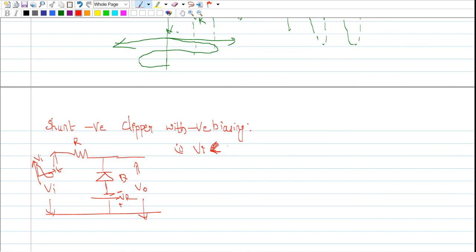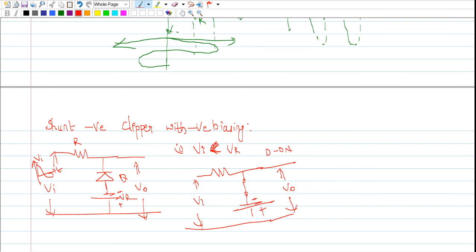When Vi is less than VR, low voltages are applied to the cathode terminal, so the diode is on and conducting. It acts as a short circuit, so the output voltage V0 is equal to minus VR.